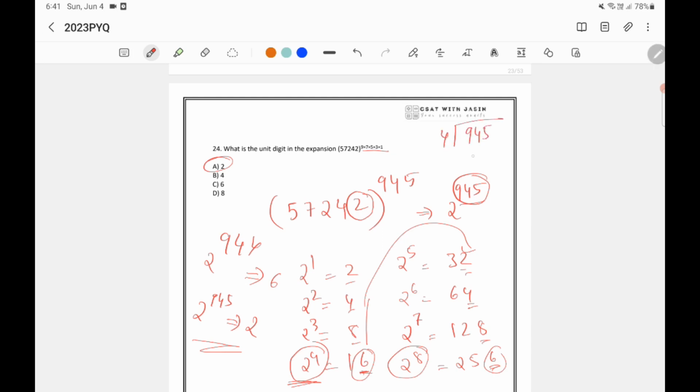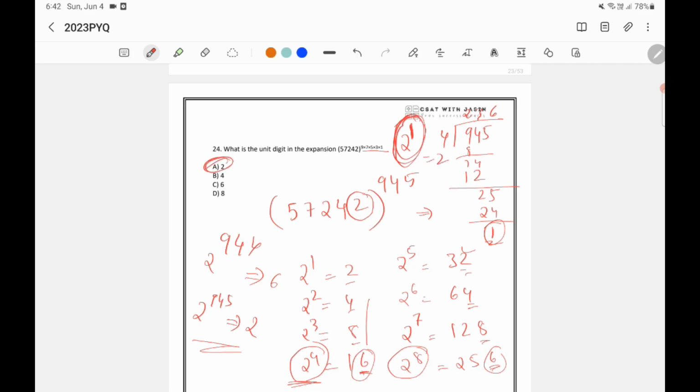You will get remainder as 1 because 2 4s are 8, 14, 3 4s are 12, 25, 6 4s are 24. So you will get remainder 1. Just take the remainder, that is 2 raised to 1. So just check what happens for 2 raised to 1. What is the unit digit for 2 raised to 1? 2 raised to 1 is 2. So answer is 2. In that way also you can solve this.